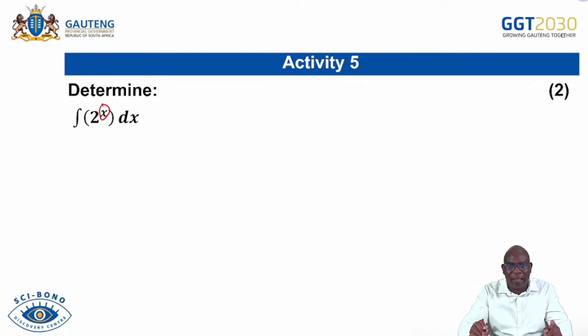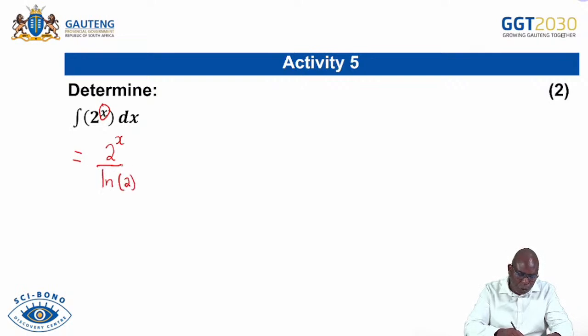So the answer to this one, if I start integrating, I'm going to put 2 to the power x as my numerator, then divide this by the ln of 2, then from there plus c.